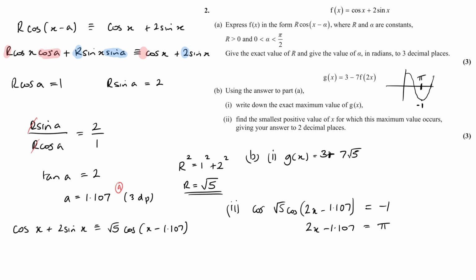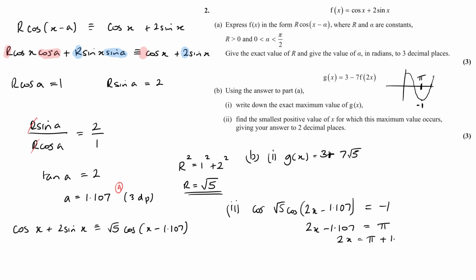Then obviously there are other values, but we just want the smallest possible positive value, don't we? And here now it's just a matter of rearranging.